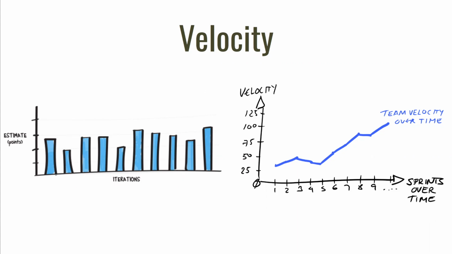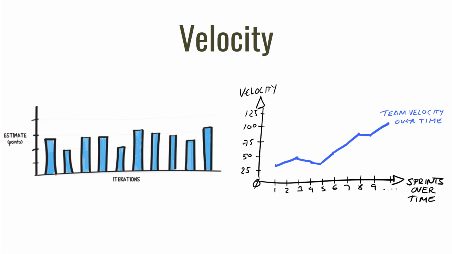And the easiest way to see that is usually to average over a 3-sprint period. You look at a rolling average of 3 sprints, so it's the most current 3 sprints of activity, to see what your average velocity is over that time.